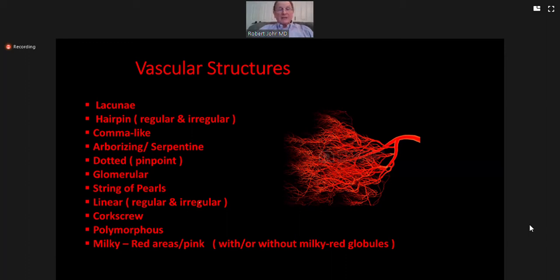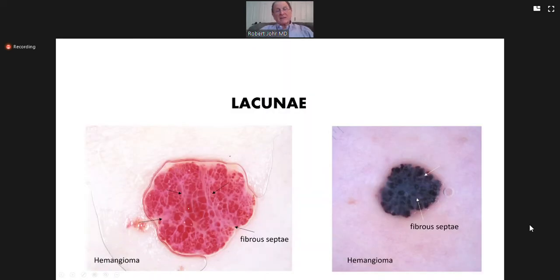So here we have the classic lacuna, the well-demarcated vascular spaces. And one of the colleagues sent in a case that we maybe hopefully will have time to look at that had well-defined vascular spaces. And also you can see fibrous septa is very common in lacuna. And here we have darker, well-demarcated vascular spaces.